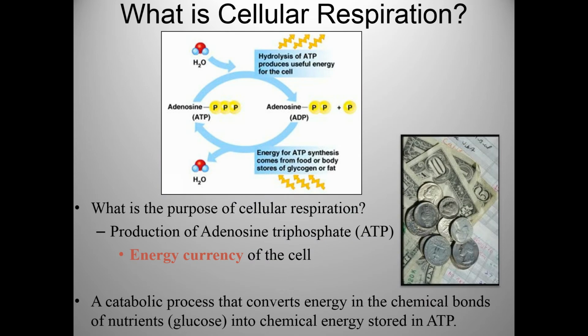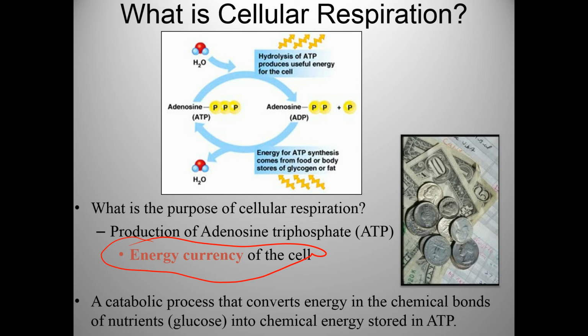So, cellular respiration. Cellular respiration is all about producing ATP. We're going to refer to ATP as the energy currency of the cell, because there are many processes in a cell or an organism that require an expenditure, a cost of energy.